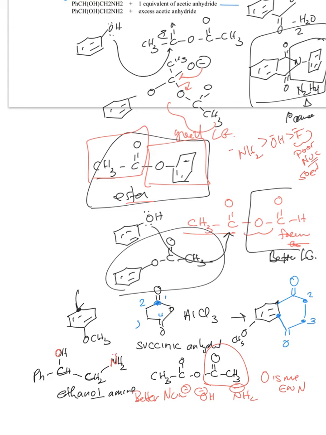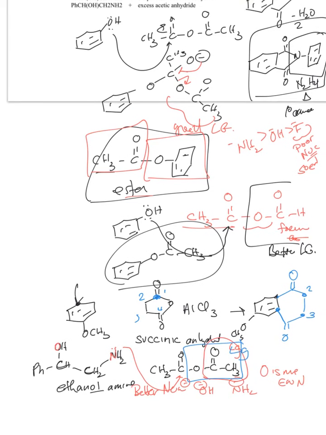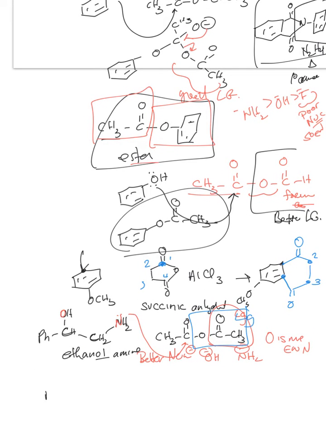So the nitrogen lone pair is going to attack this carbonyl, and then this will be a leaving group. So this whole anhydride is your leaving group, and your product then will be phenyl, CHOH, CH2, NH, and then you add the acyl portion.